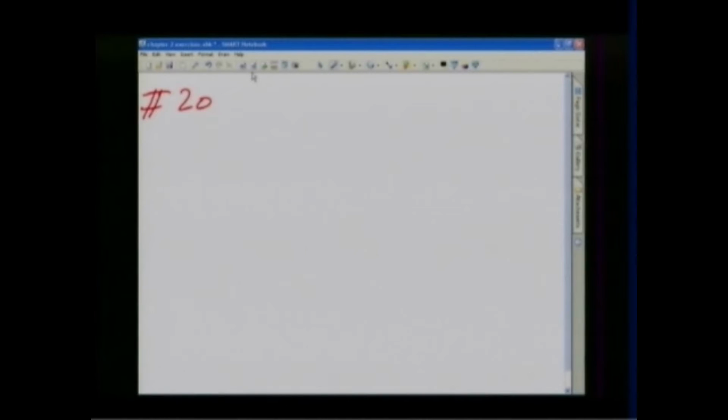One line is y equal to 2/3 x minus 4. The other one is x plus 3y plus 3 equal to 0.